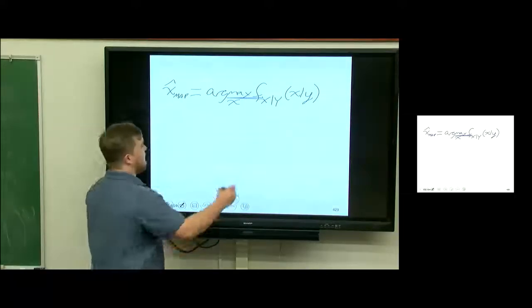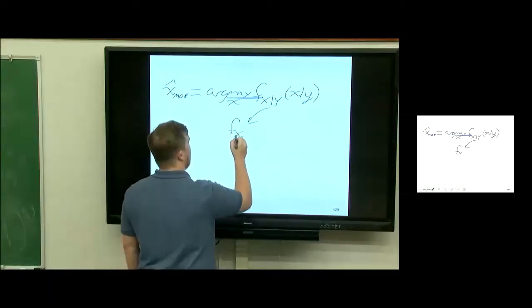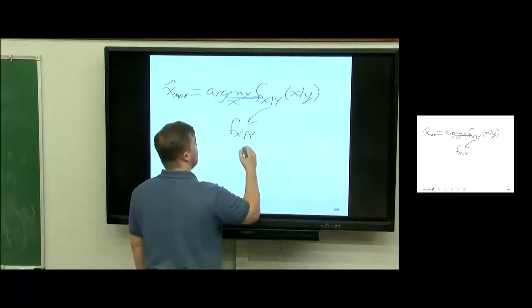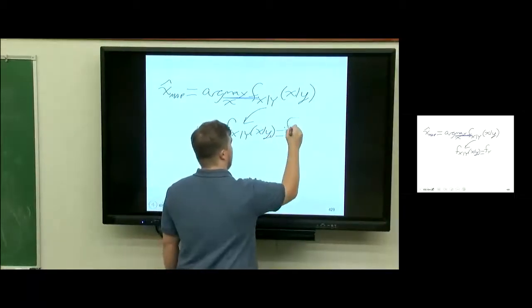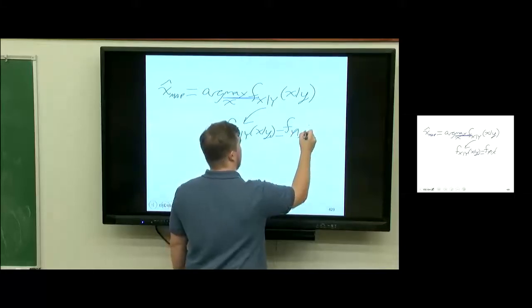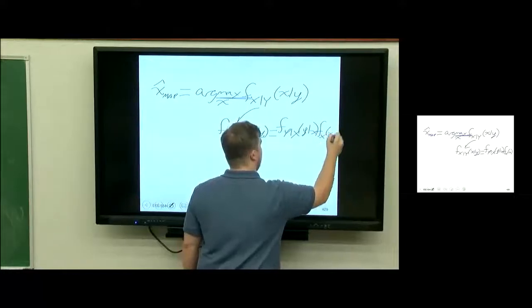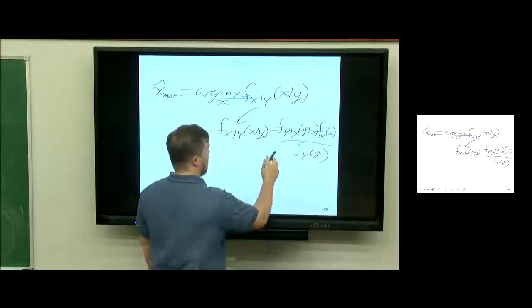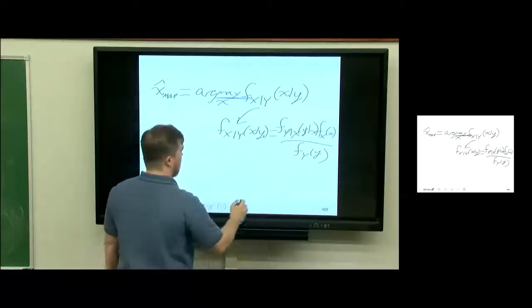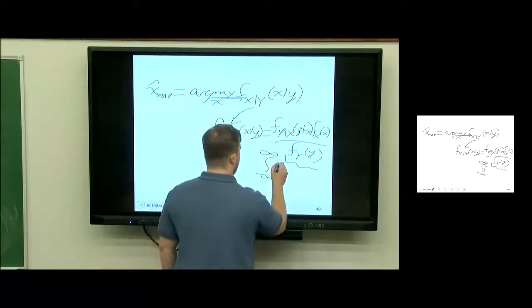So we will write f sub x given y equals f sub y given x times f sub x divided by f sub y of little y. And we have everything in the numerator, but on the denominator, we'll just apply total probability.